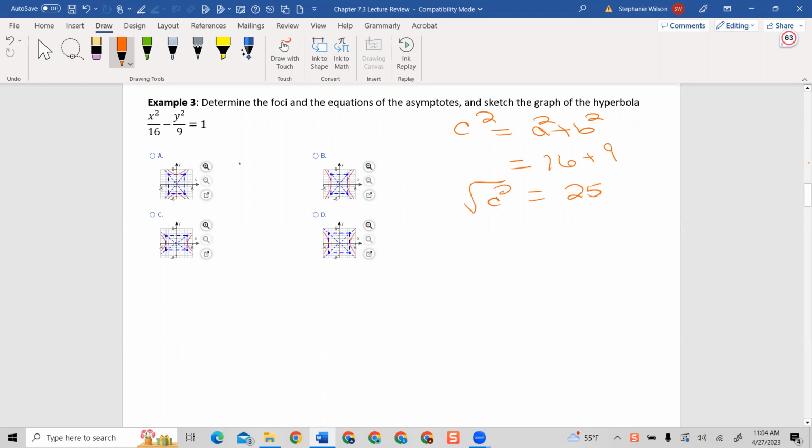C squared, square root, plus or minus. C is equal to plus or minus 5. So I know that I have foci of (5, 0) and (-5, 0).